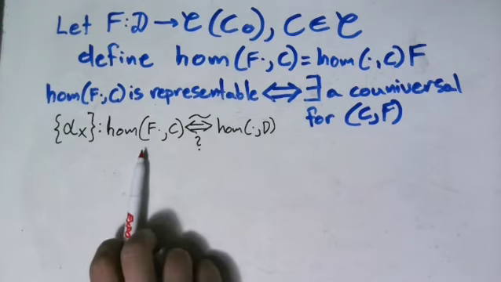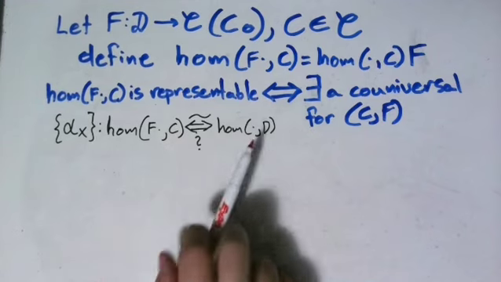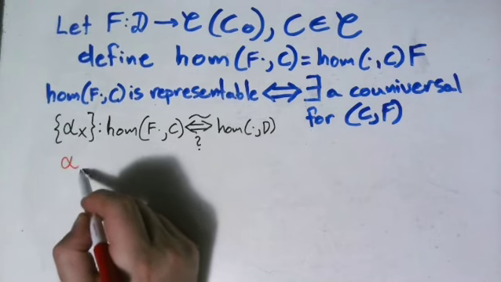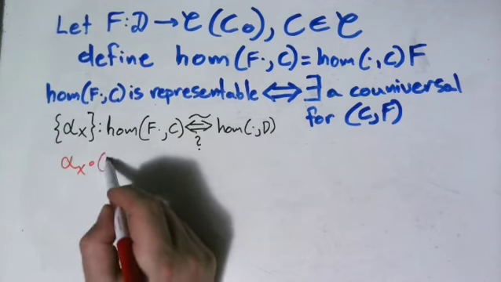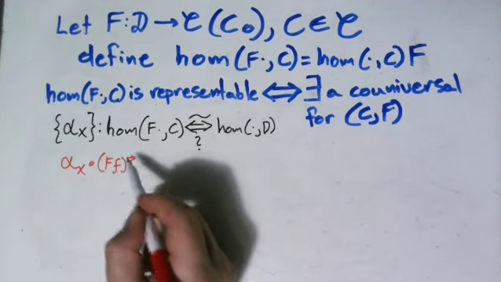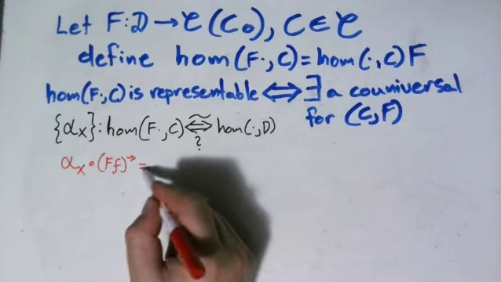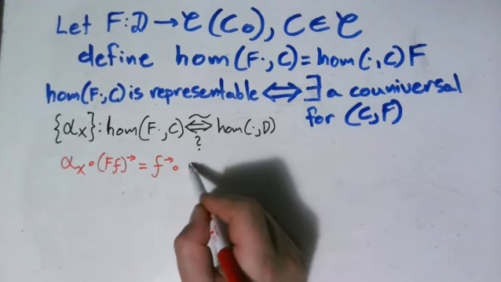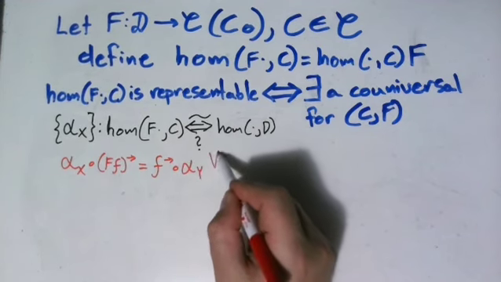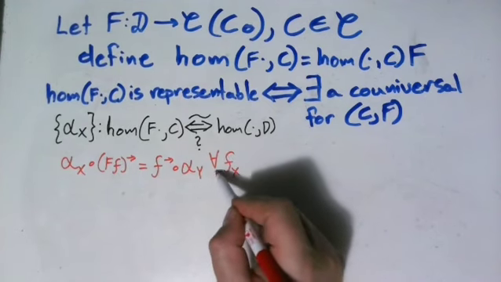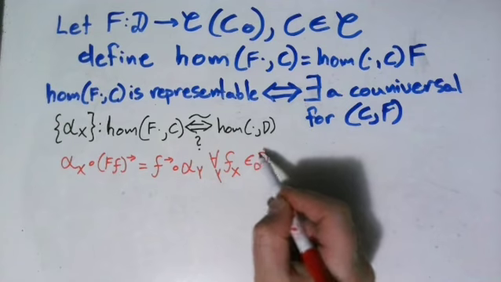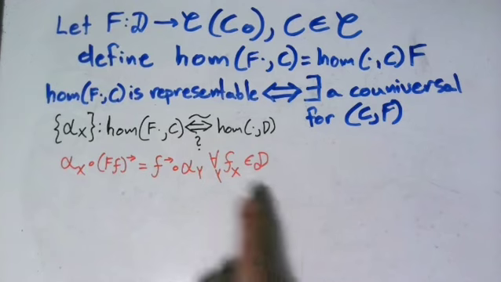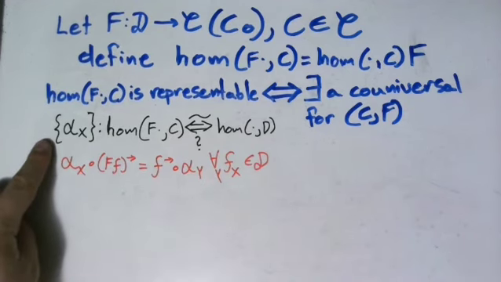But in this case, since we're starting at hom(F blank, C) and going into hom(blank, D), the naturality condition is going to be lambda x after precede by F of f equals precede by f after alpha y, and that's for all f going from x to y in D.